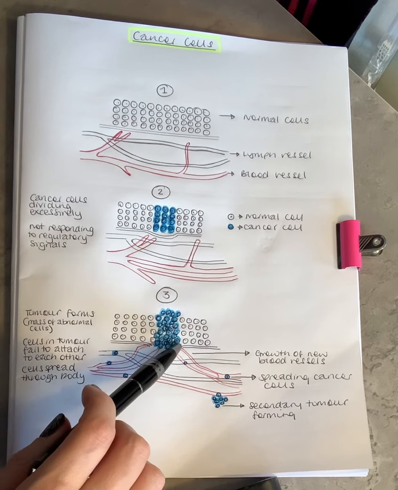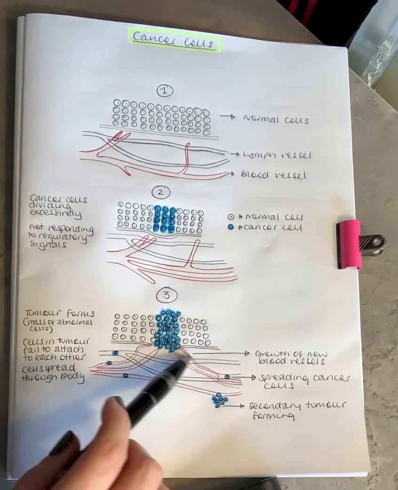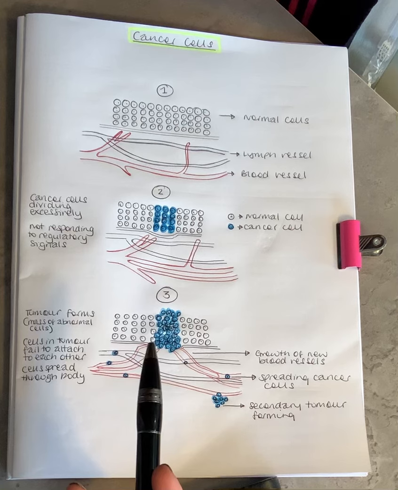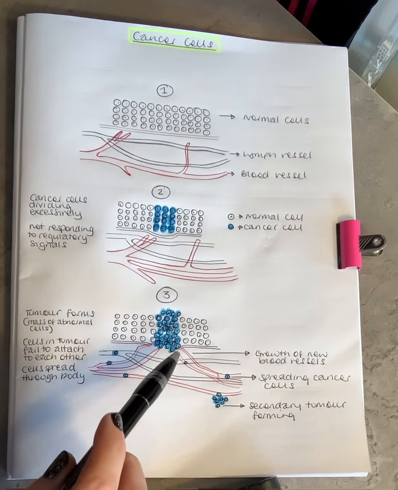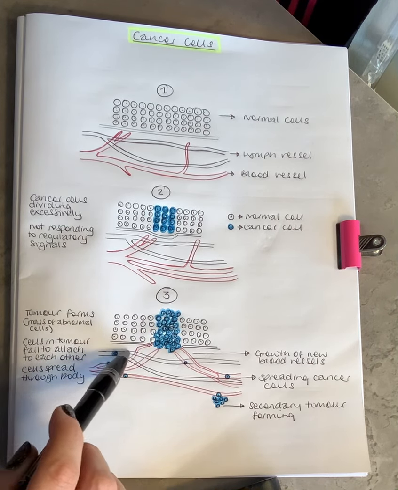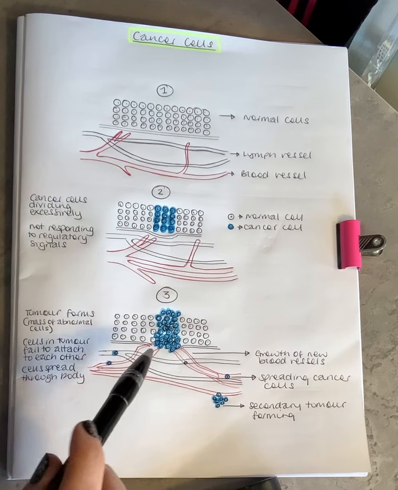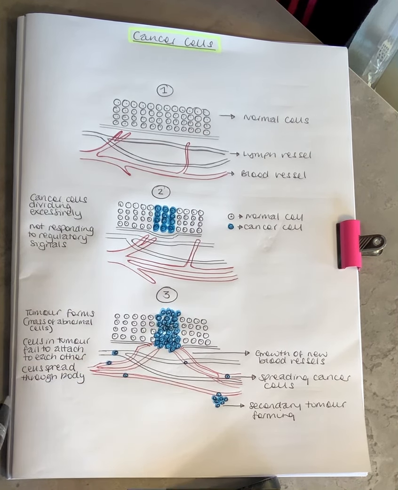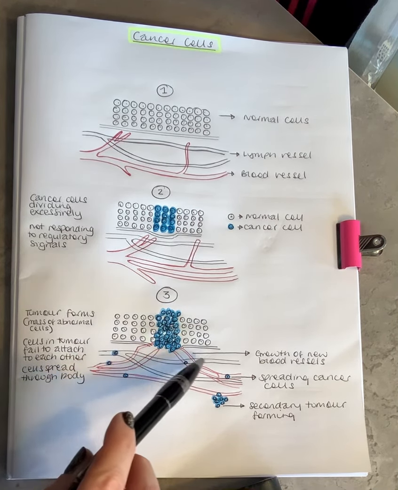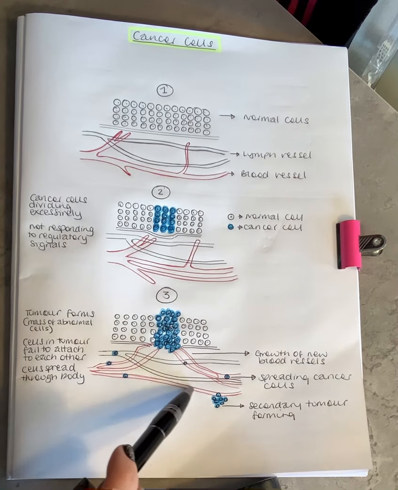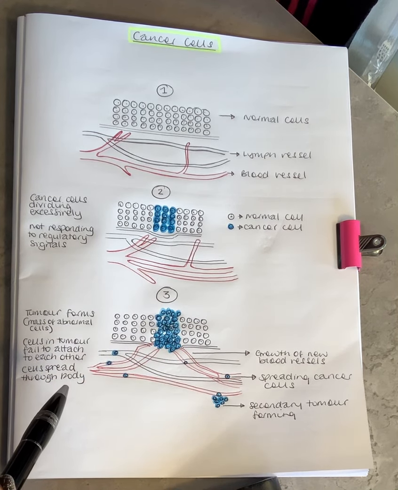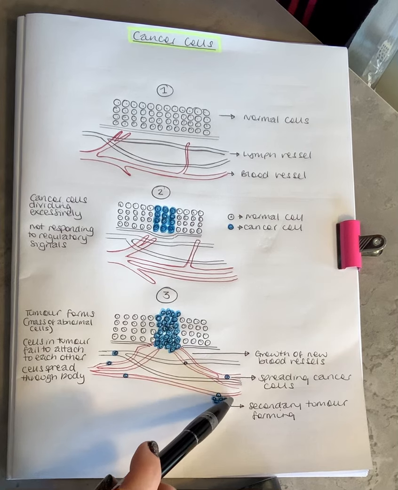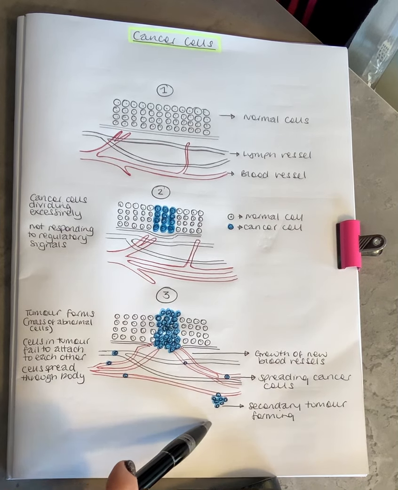And then, as we know, there is a growth of new blood vessels. New blood vessels are growing all the time. Whether it's through the lymph vessels or the blood vessels, these individual cells will start travelling through the body, and then the cells will stay.